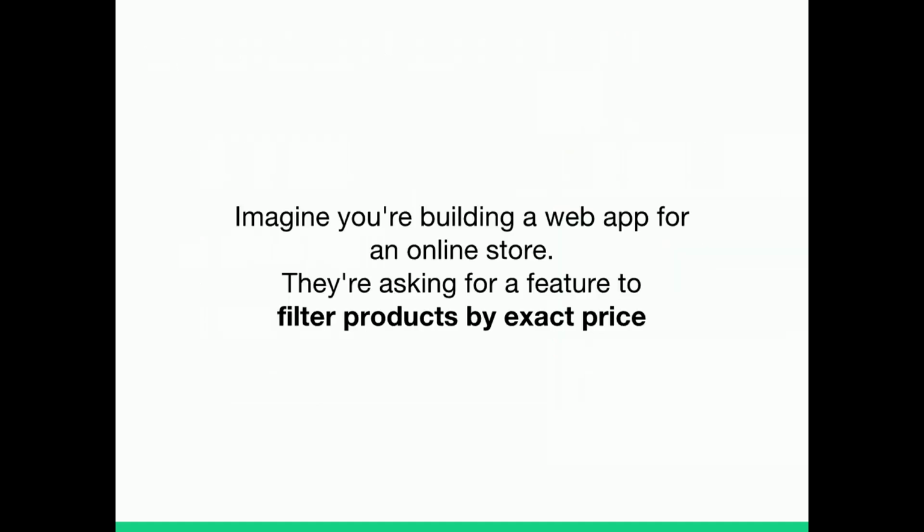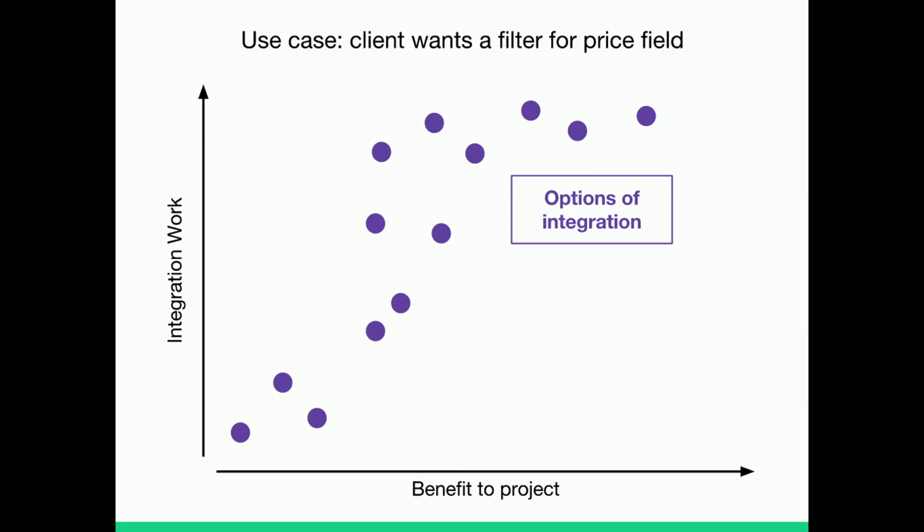Let's see this in practice. Imagine you are building a web app for an online store, and they are asking for a feature to filter products by exact price. So here is this graph of options of integrations, and you can think about there are many options which add benefit to your project, but each of them has more or less integration work.